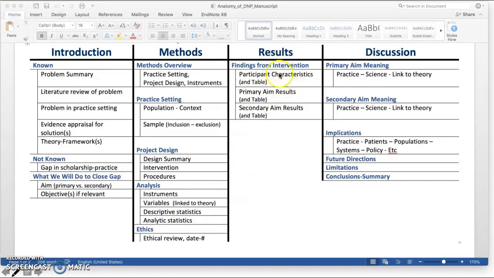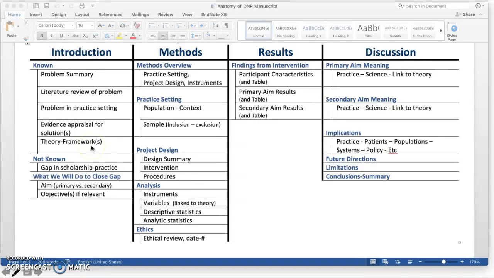If you don't have any results yet, it doesn't matter. You can still outline what you intend to summarize about the participant characteristics or the facility characteristics or unit characteristics, and how you'll frame the results from your primary aim.